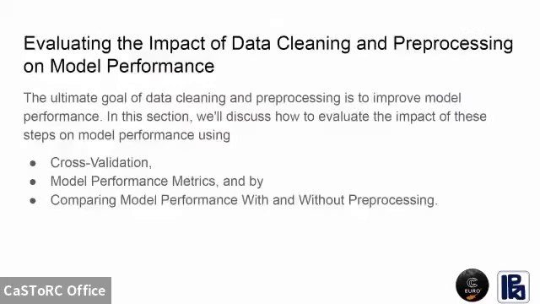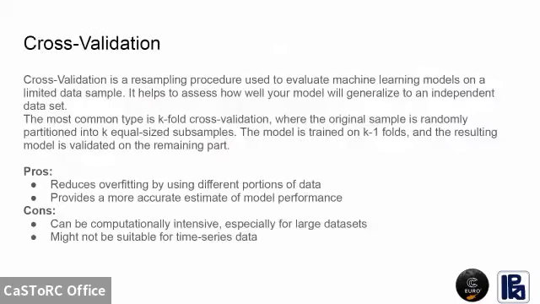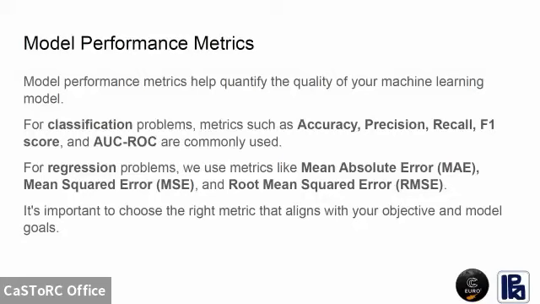Cross-validation is a different technique that I'm going to skip for this presentation, but the most important thing is to be able to have the metrics in order to validate the performance of your model. I will give you some examples.